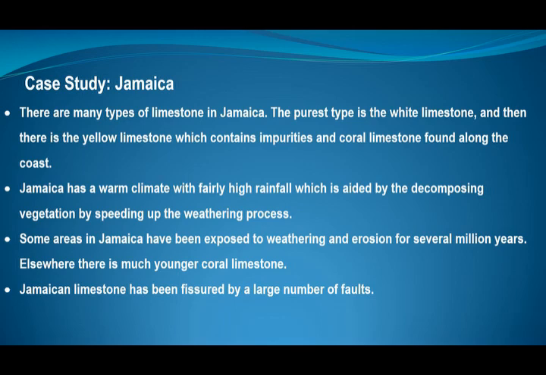Jamaica has a warm climate with fairly high rainfall, which is aided by the decomposition of vegetation, speeding up the weathering process. Some areas in Jamaica have been exposed to weathering and erosion for several millions of years. Elsewhere, there is much younger coral limestone. Jamaica's limestone has been fissured by a large number of faults, and by fissured I mean it has cracks or fractures.